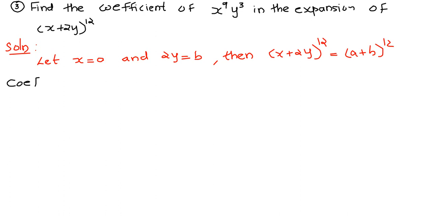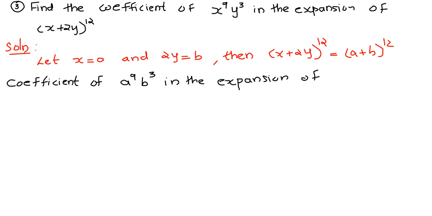Coefficient of a raised to 9 into b raised to 3 in the expansion of (a plus b) the whole raised to 12. അത് നമുക്കറിയാം എത്രയാണ്, 12c3.